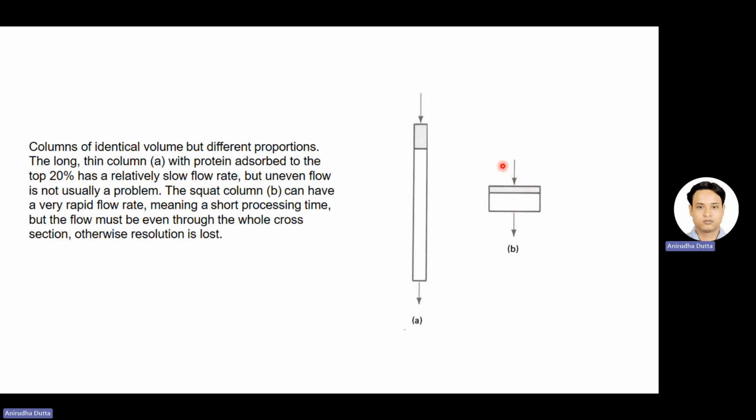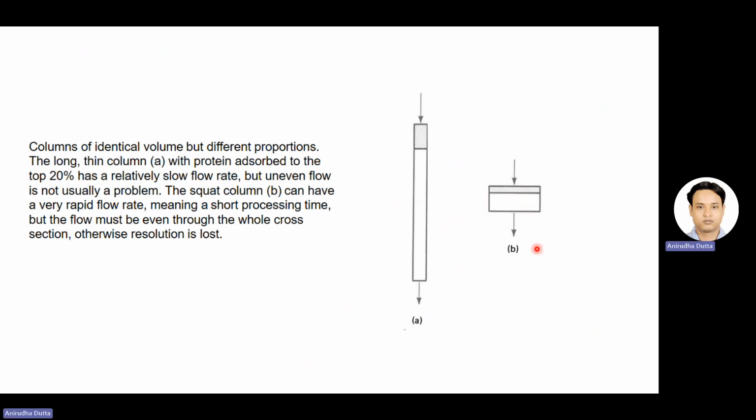Then it will take less time to run a particular column, the protein will stay less time in the matrix, and there is less possibility that it might get diffused, so band broadening we might not see here. So both of them have their merits and demerits.